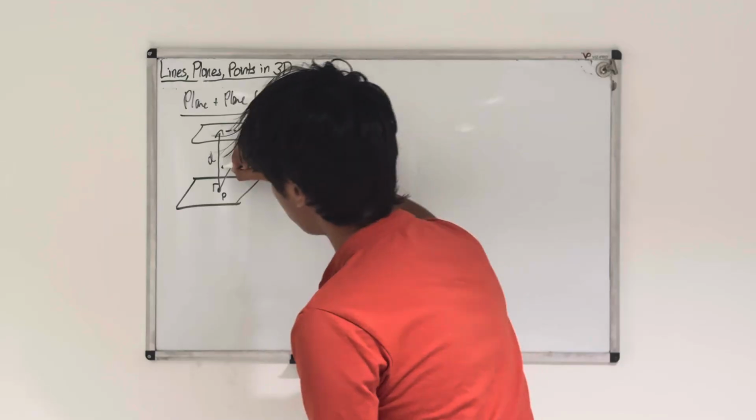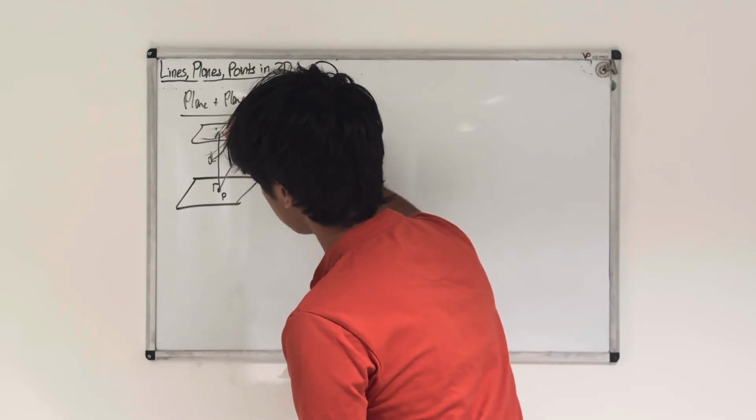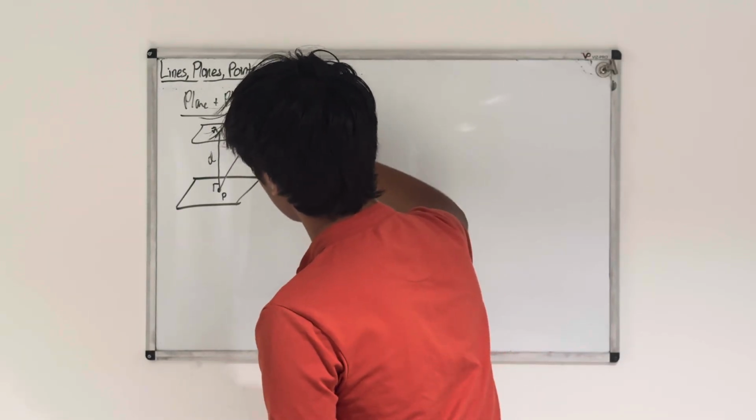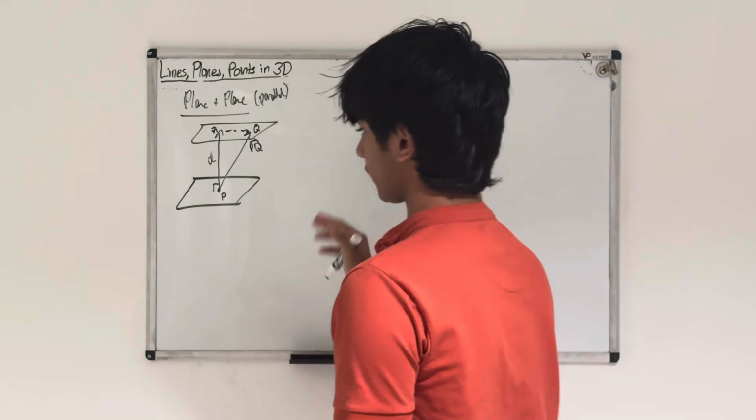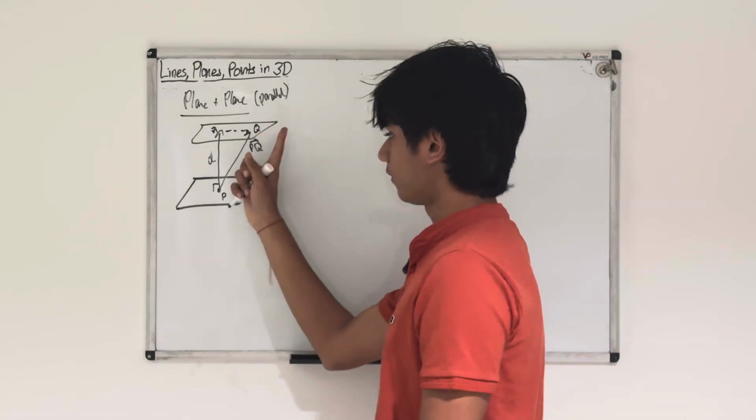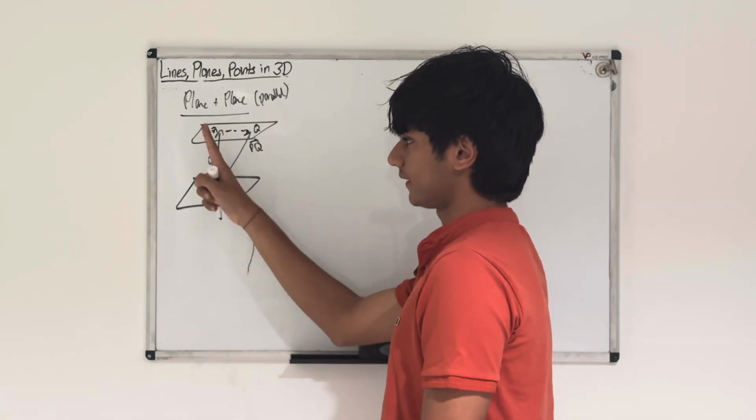If this is a normal vector extending out, and this is a PQ vector, you can see that all we're really doing is projecting this PQ vector onto the normal vector and seeing the distance.